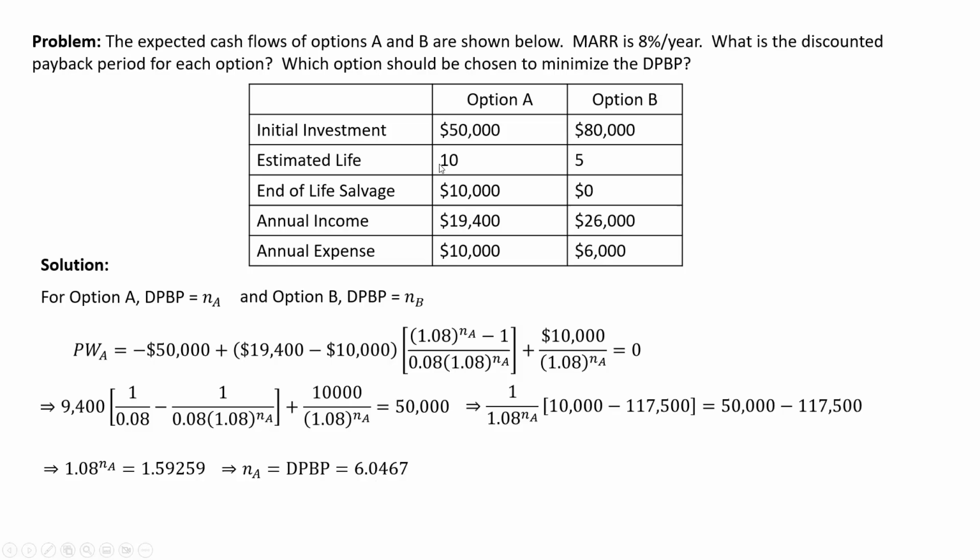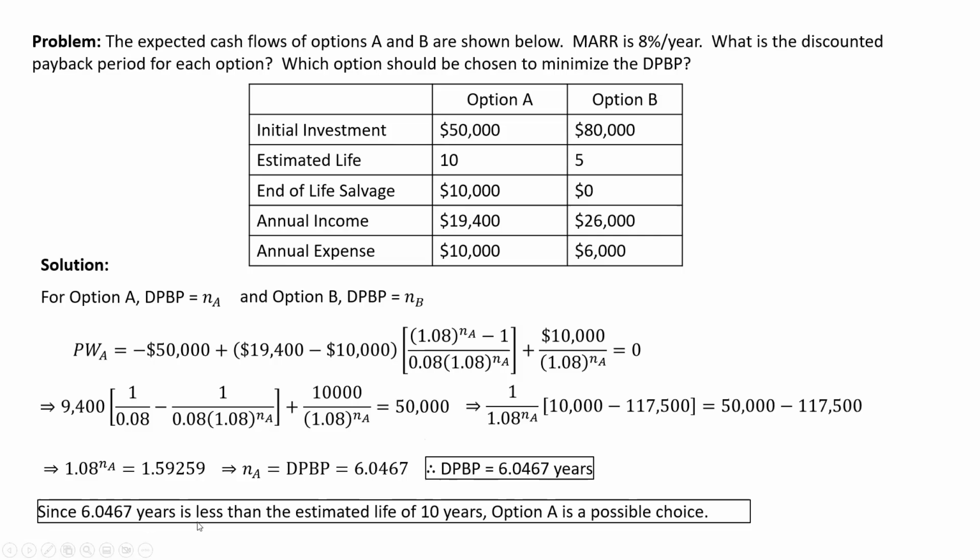And so for the seventh, eighth, ninth, and 10th years, you are just making money. Cool. So this looks like not a bad idea at all. Discount payback: since this is less than the estimated life of 10 years, option A is a possible choice.